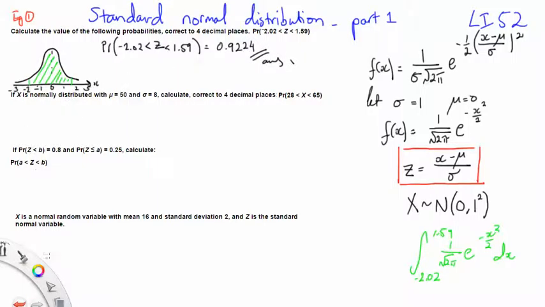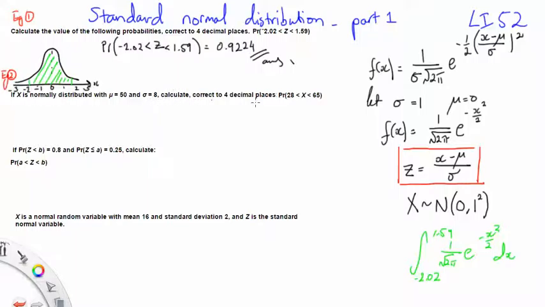Okay, for this next example, we're going to use this formula here. So we're going to do something called normalize our x. So we have x. X is normally distributed with mu of 50 and sigma 8.